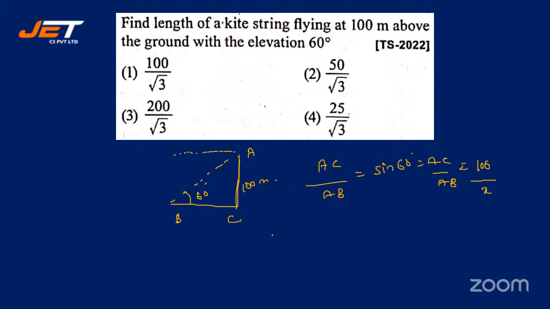So you get sine 60 is root 3 by 2 is equal to 100 by X. So root 3 by 2 is equal to 100 by X. So the value of X will be 200 by root 3. 200 by root 3 is option 3. If you've got this answer, then your answer is right. Right. See the next question.